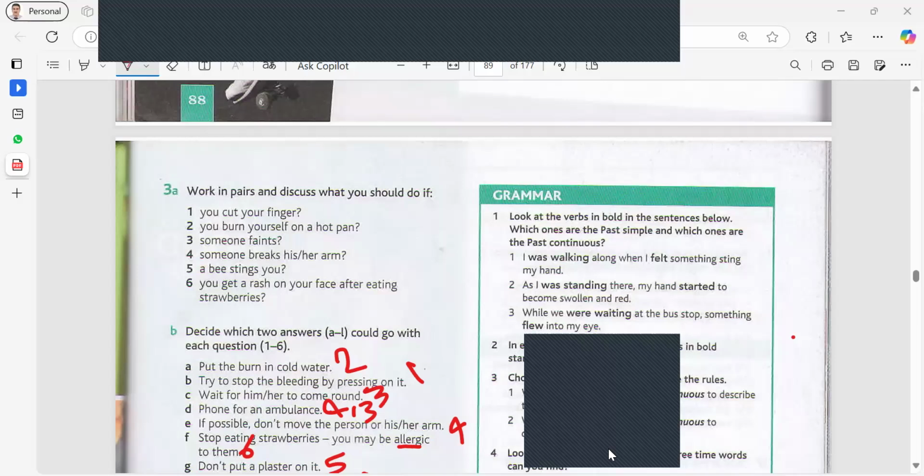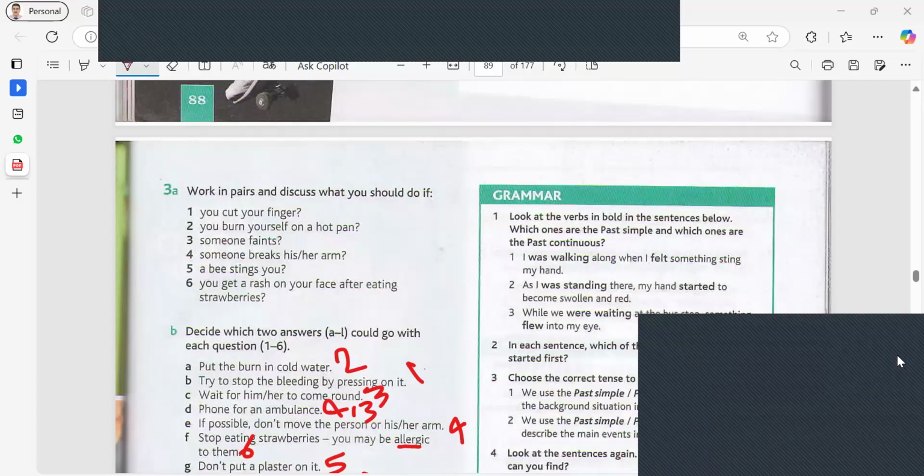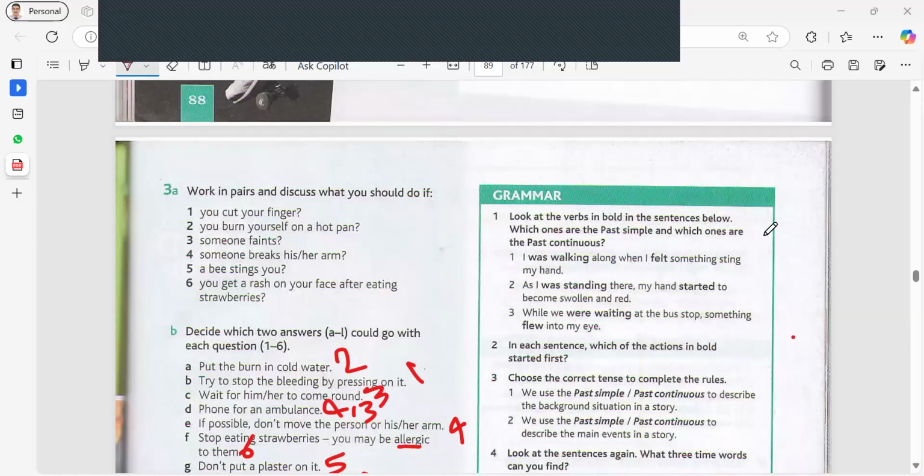And what, Ibrahim, what should you do if it is a bad cut or a deep cut? I think you should wait like 10 minutes and something cold, right? Okay, but if it is a bad cut, or deep cut, what should we do?